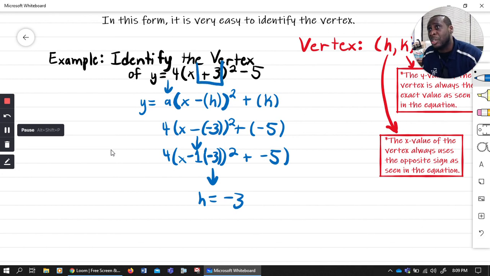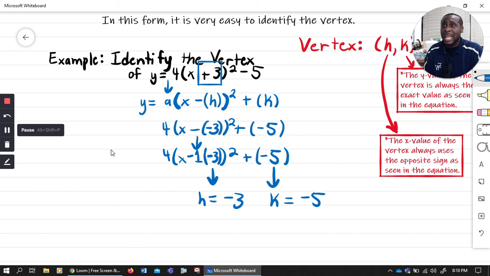Again, if you just use what I told you and use the opposite sign of what's written in that equation, then you should be able to get that h is negative 3 again. And then if you use the exact sign for what k is, the exact sign as it's written in the equation, then you get k equals negative 5.